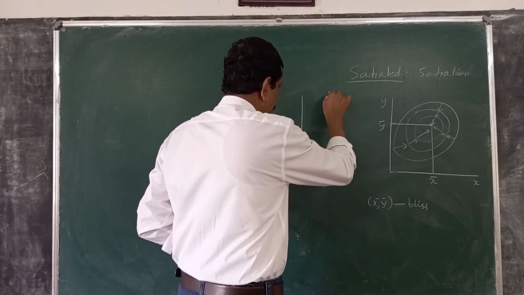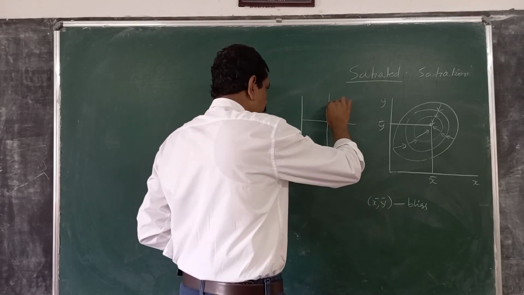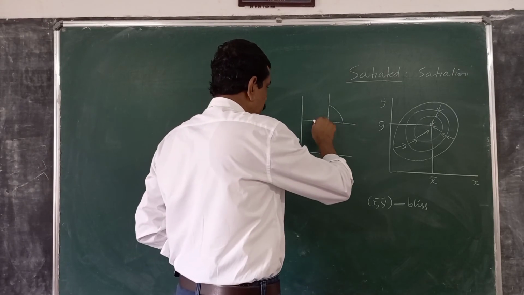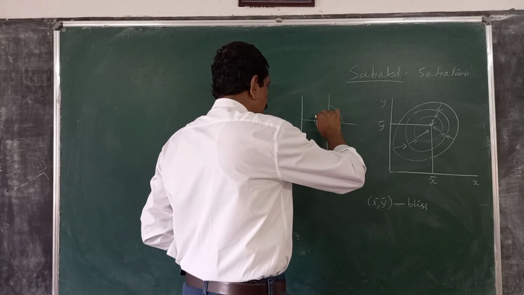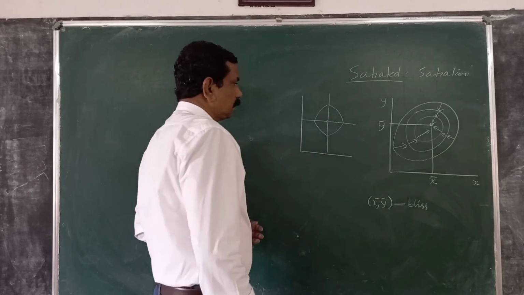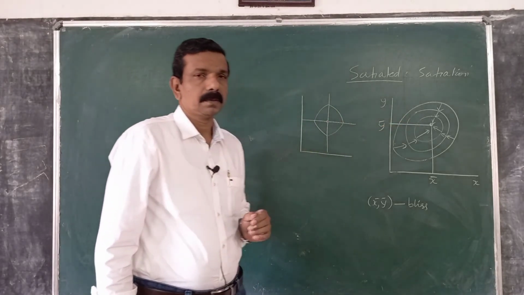If this is the bliss point, with too little of both, the indifference curve is negatively sloped; with too much of both, negatively sloped; and when one is more and one is less, positive. This is the correct shape.